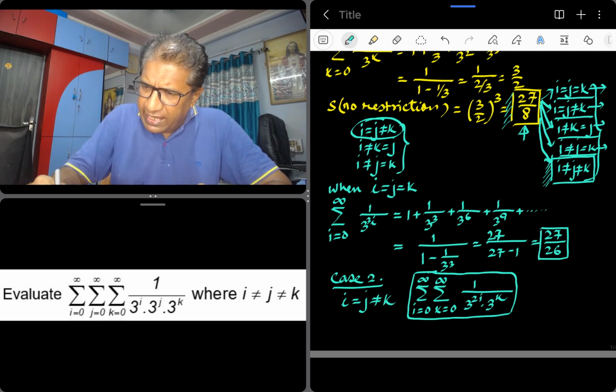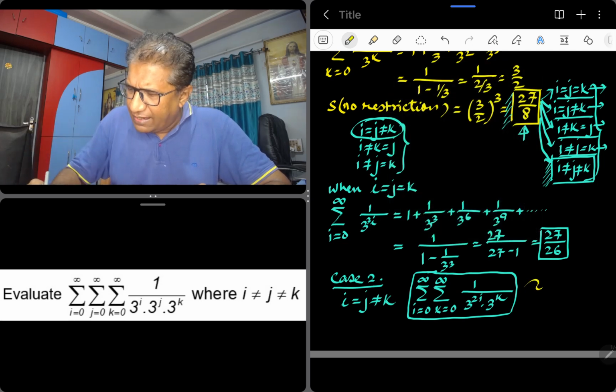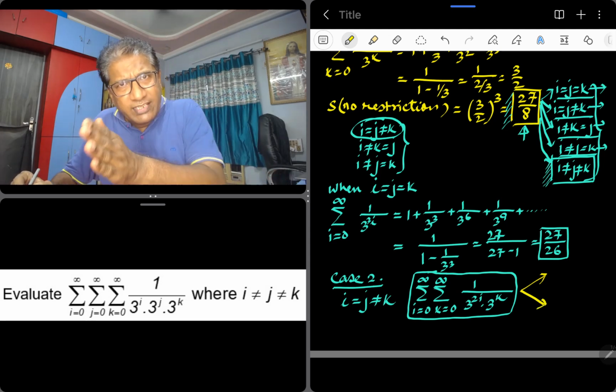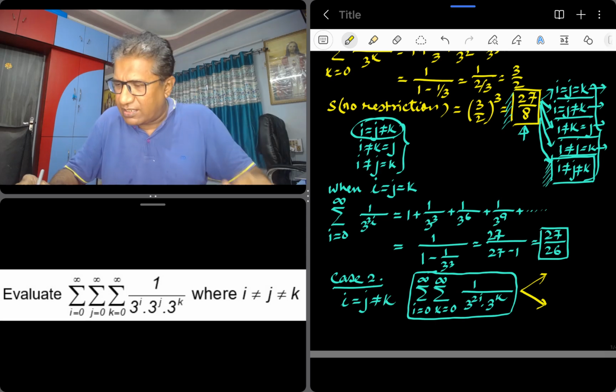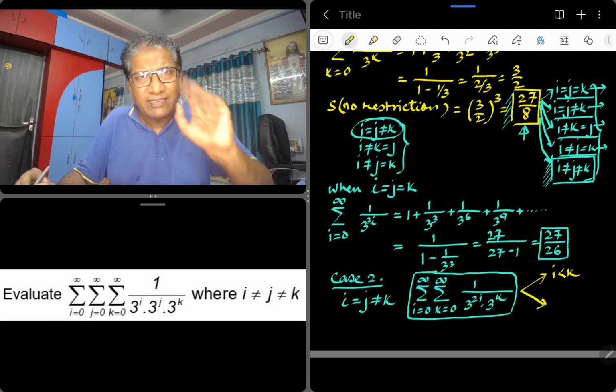Now if you give a keen view on this, you will find that there are two cases here. I is not equals to k, it has two cases. Number one, your I can be less than k, that can be one case.